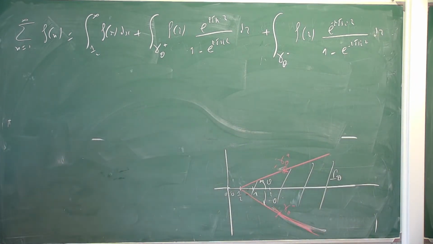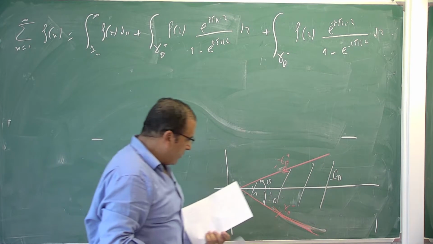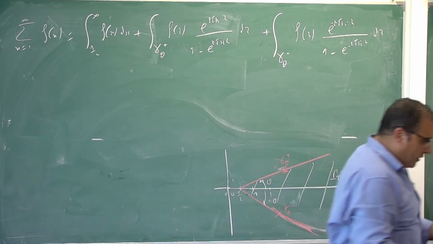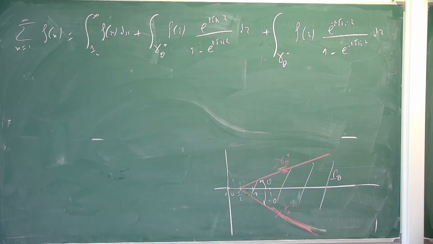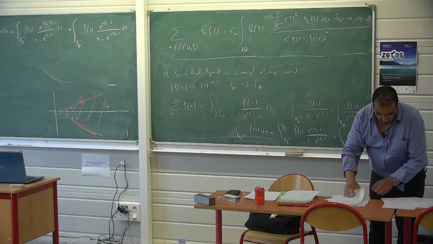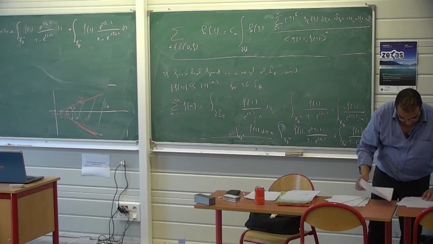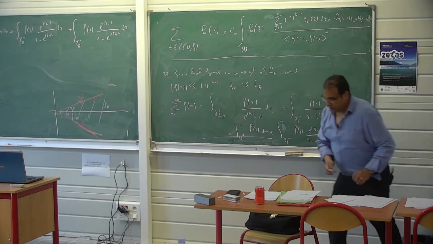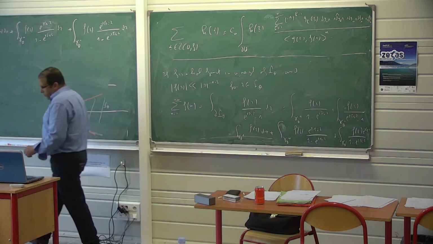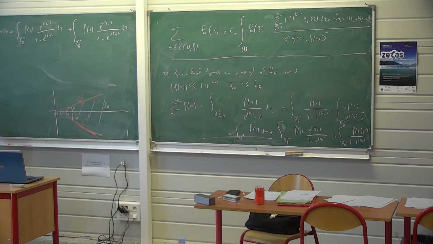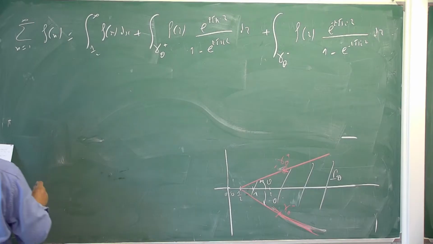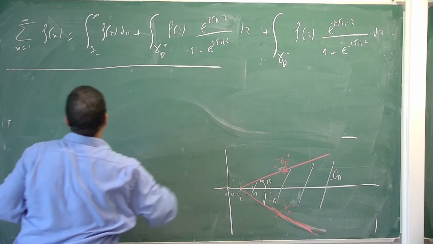So you obtain this formula, and you have just to iterate it. If you iterate this formula, you obtain the following formula for a several variable function.